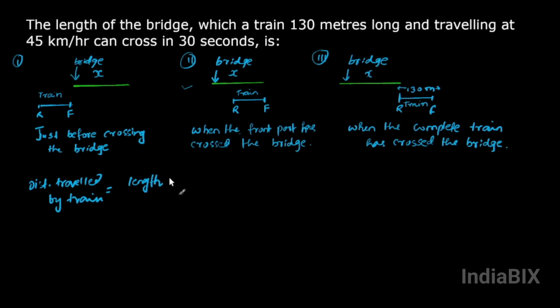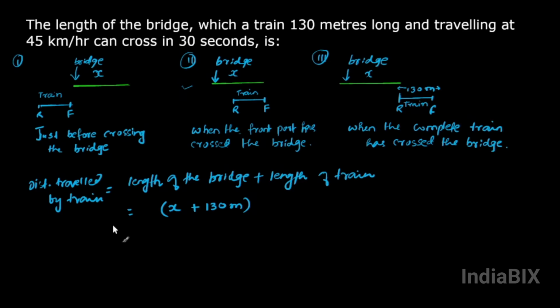So total length traveled by the train is length of the bridge, which we have considered x because it is not given. We have to calculate it. Length of the bridge plus length of the train itself. The length of the bridge is x, that's what we have assumed, and the length of the train is 130 meter. So this is the total distance that the train has to travel in order to cross the bridge.